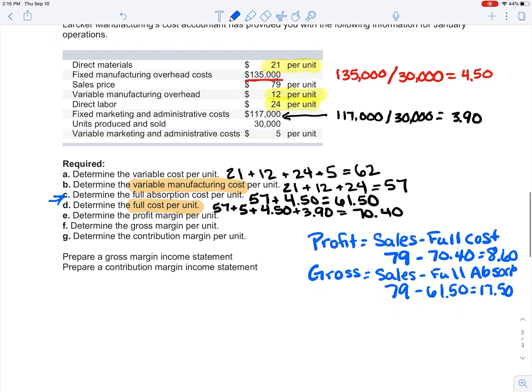And finally, let's look at the contribution margin per unit for G. So this was E, this is F. We're going to look at G. G is that contribution margin per unit. And if you remember, contribution margin is sales minus variable cost.